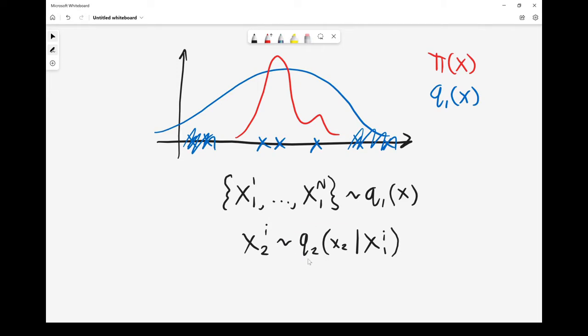So Q2 could just be a Gaussian whose mean is equal to your ith sample from the first iteration, i.e. it could be a Gaussian centered on one of these crosses. I say that because we've got this example to motivate what we're doing, but of course these proposals could be much more complicated. But a Gaussian will do for now.